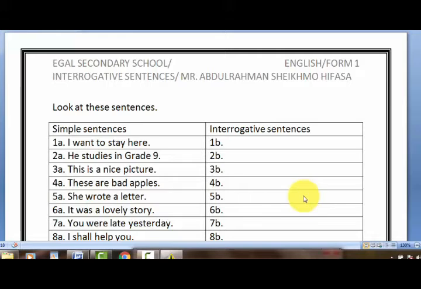Now, there are a few challenging sentences here. Like this one here is a bit challenging. I've told you it challenges most of the students, and we are going to look at it specifically.